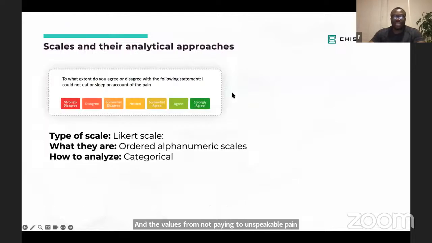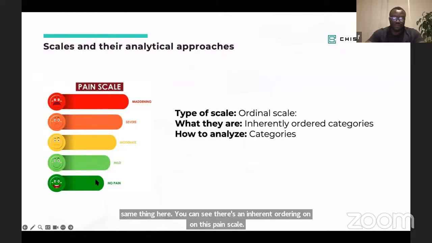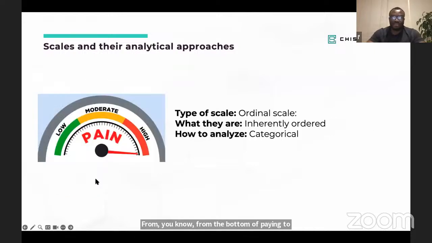The same thing applies with Likert scales, and we're emphasizing all of them because all of these variable types are candidates for ordinal regression, because there's an inherent ordering in the categories, both here as well as here. The same thing here, you can see there's an inherent ordering on this pain scale from the bottom of no pain to the very top.